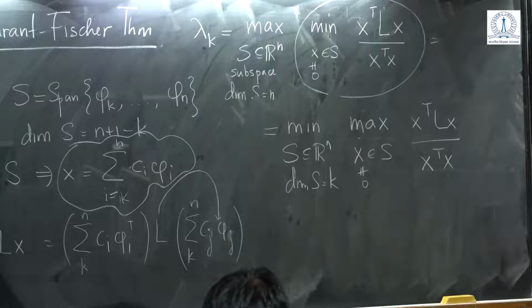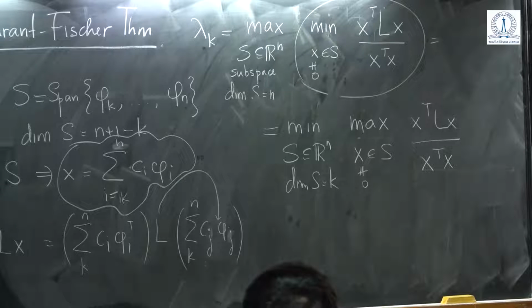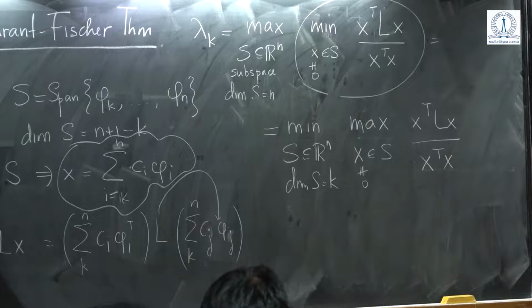Okay, so these are two characterizations of the kth eigenvalue of any symmetric matrix, not just the Laplacian. For the Laplacian, we didn't use anything special about the Laplacian really. Right? Okay, so this is that.